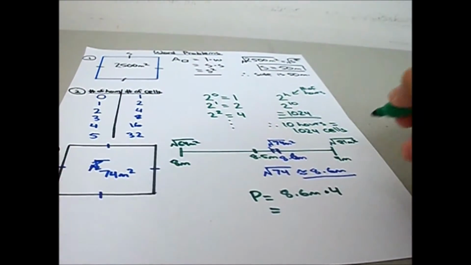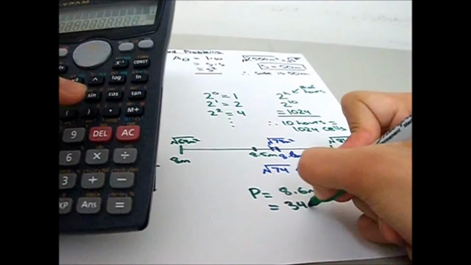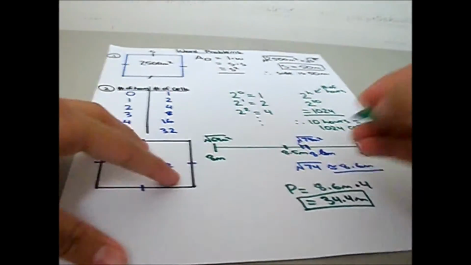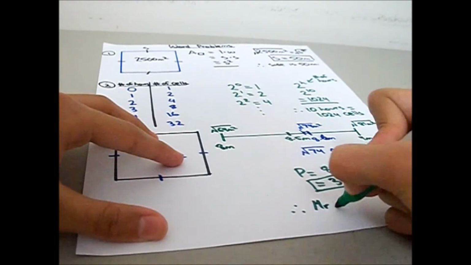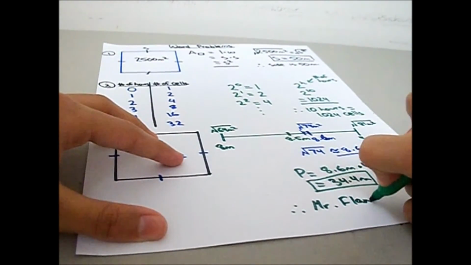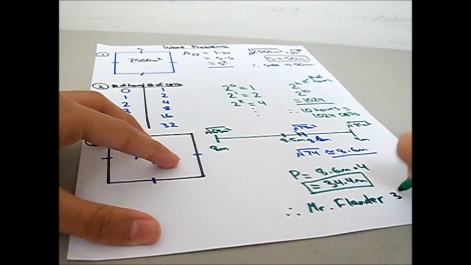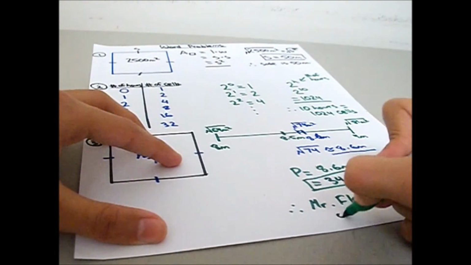And that will give us a perimeter of approximately 34.4 meters. So Mr. Flanders will need 34.4 meters of fencing.